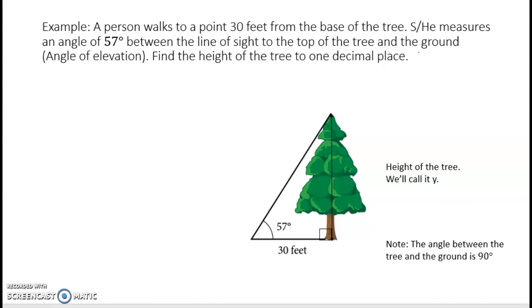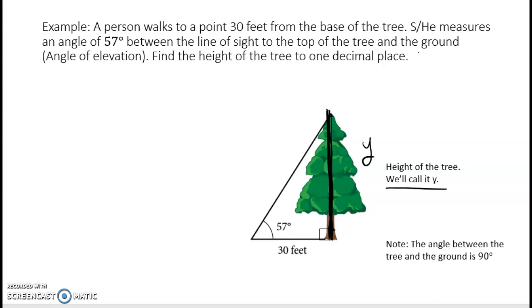Okay, so we are going to call this Y, like I said here. Now, this tree should be perpendicular to the ground. We'll assume that it is perpendicular to the ground, so it's forming a 90-degree angle with the ground. So that means that if we're in a right triangle, then we can use our trig functions.